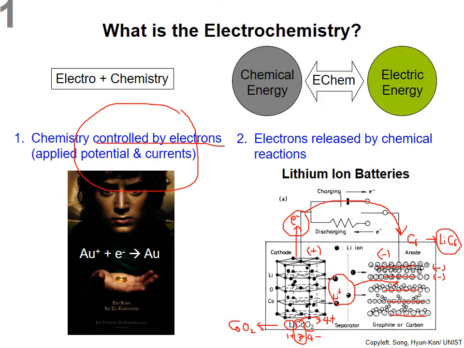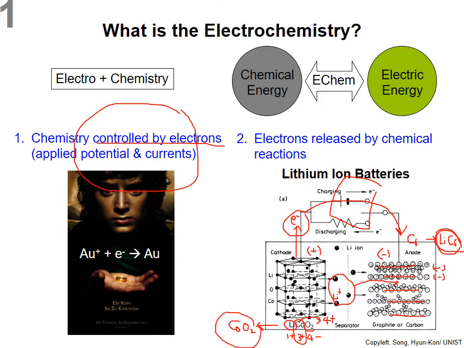Then it's time to introduce the second definition example. So right now you have a charged lithium-ion battery, and then you will connect those two electrodes into some cell phone, or sometimes a laptop or electric vehicle or anything. Right now you have high energy lithiated graphite.